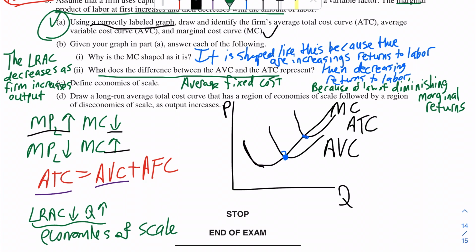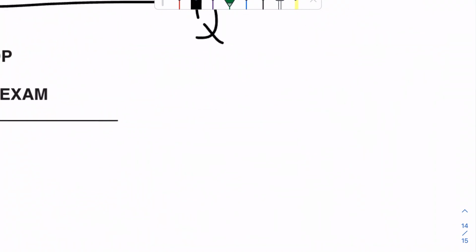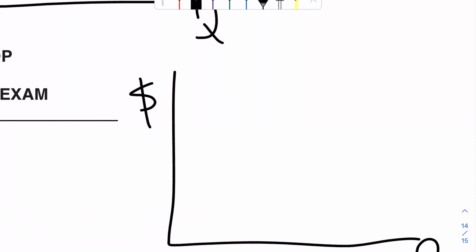D. Draw a long-run average total cost curve that has regions of economies of scale followed by a region of diseconomies of scale as output increases. That's a complicated way of saying, can you show me what economies of scale looks like and diseconomies of scale? So all you got to show here on a graph is your cost and quantity.